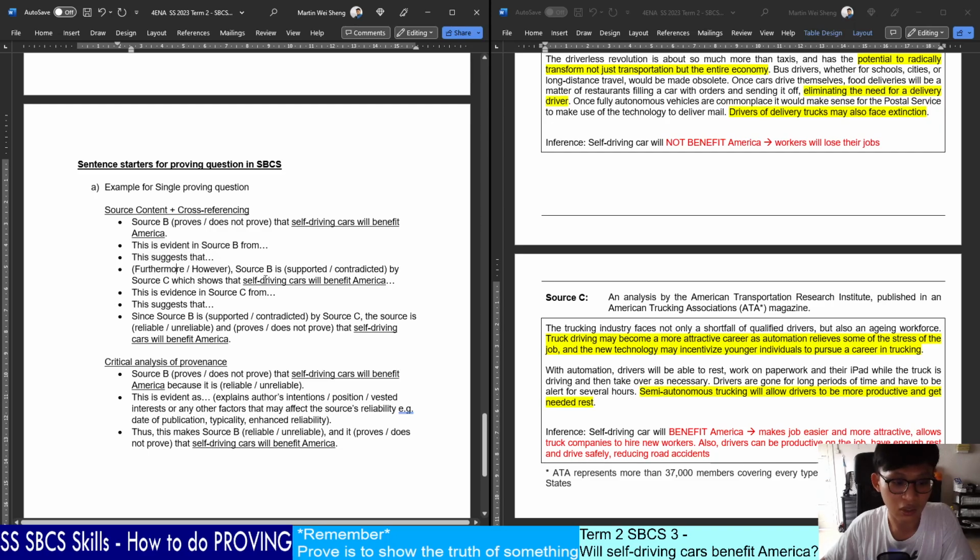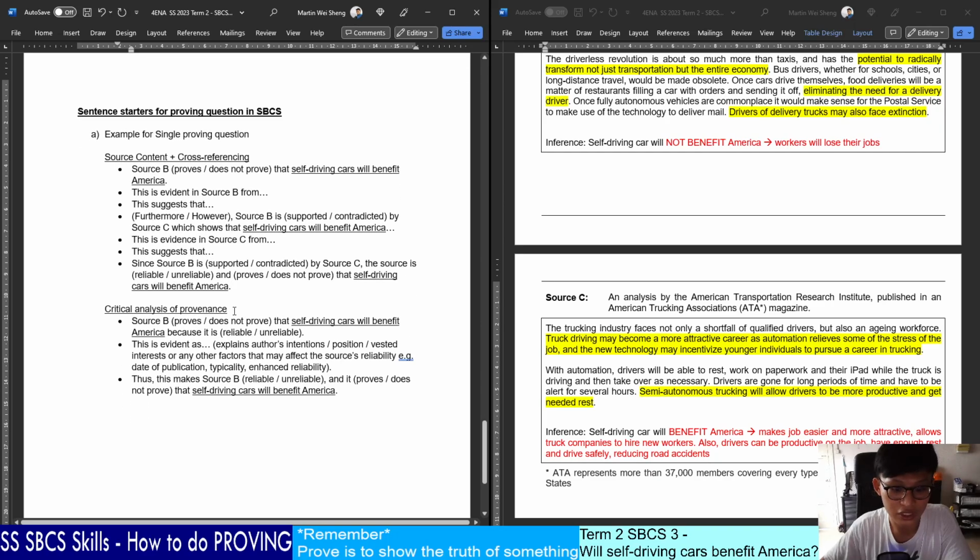Then, however, source B is supported by source C, so you cross-refer to another source: this is evident from, this suggests that. Finally you say, since B is supported or contradicted by C, the source is reliable or unreliable, then you answer the question again, prove or does not prove. So this is for a single proving question.